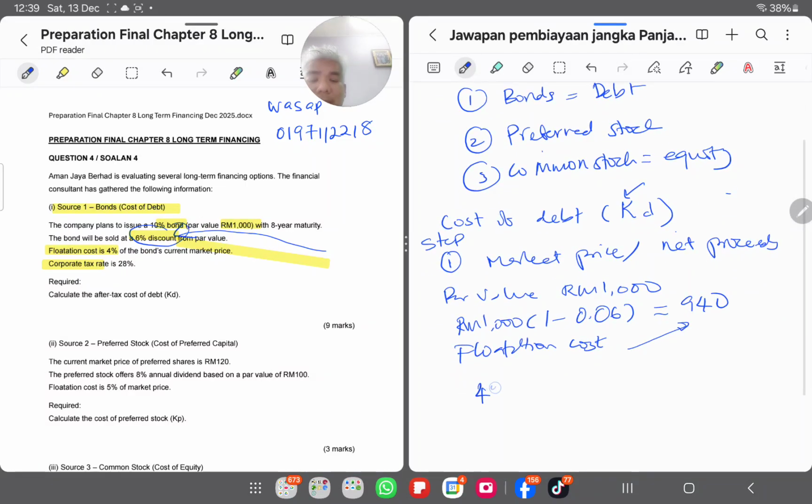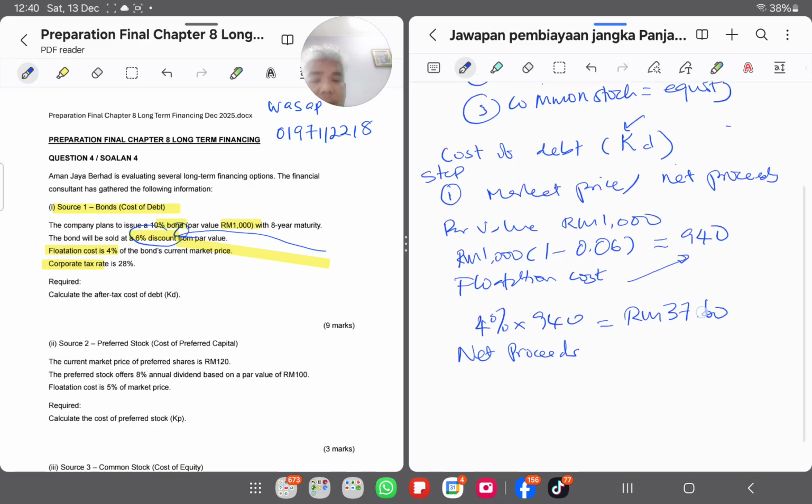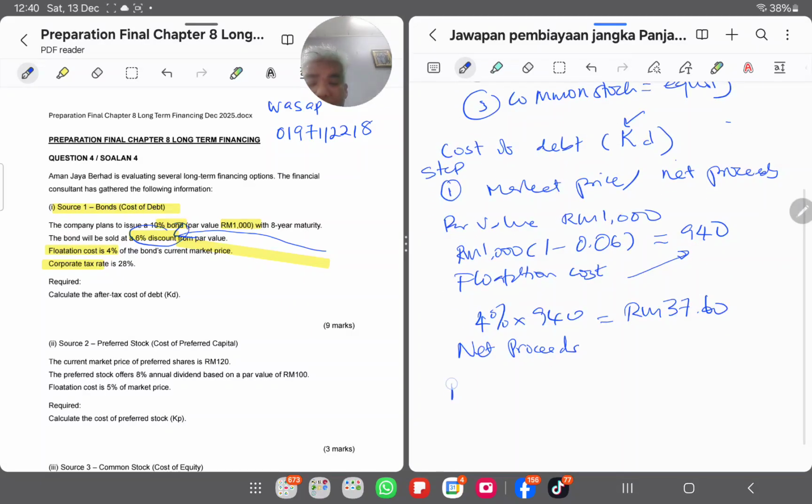So 4% times 940 is RM37.60. Then the net proceeds: you take into consideration the flotation cost, so 940 minus 37.6 gives you 902.40.